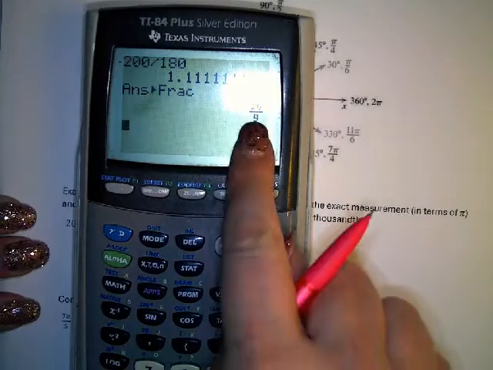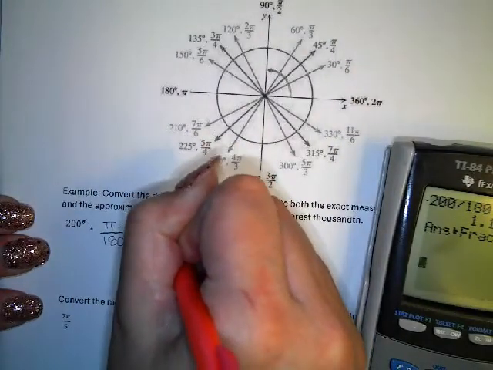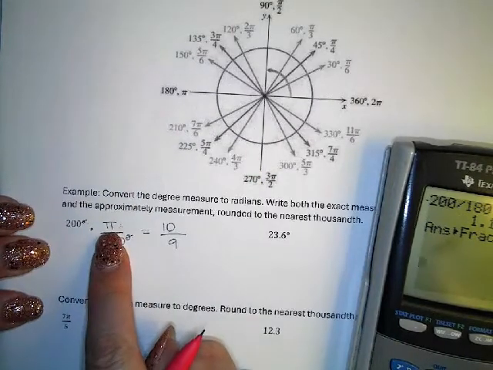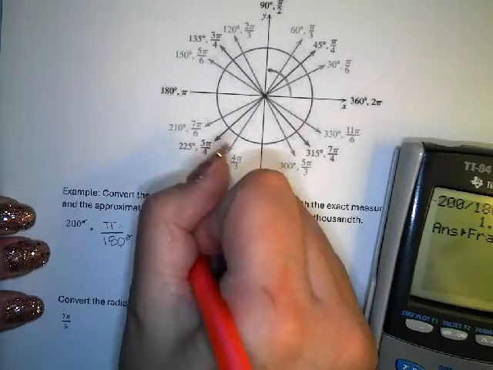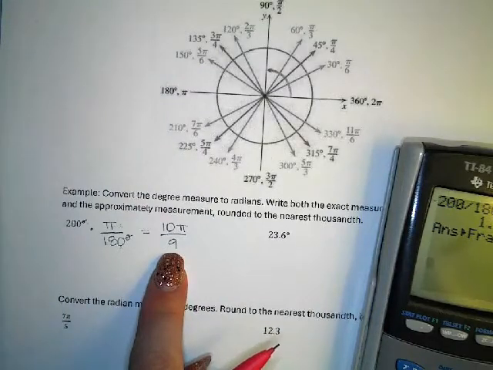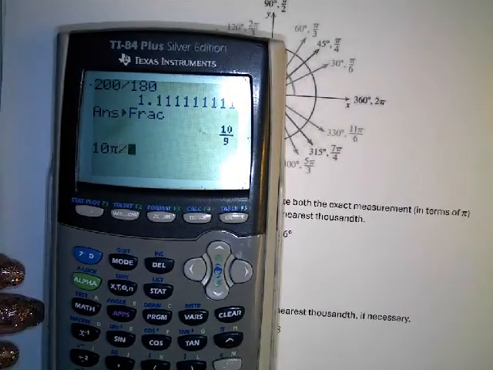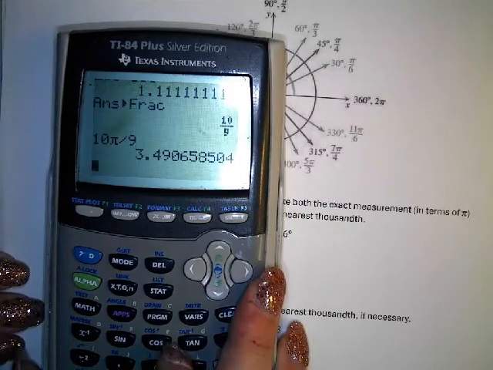So this is the fraction 10/9. The pi that I didn't type into my calculator, I'm going to write up here. So 10 pi ninths, if I want my answer in radians in exact form, 10 pi ninths. Or I could type into my calculator 10 pi ninths, and that would be 3.491 radians.